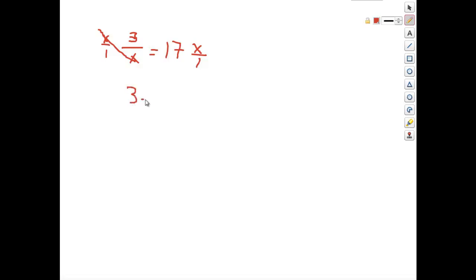So we end up with 3 equals 17x. Now we simply use the reciprocal of what we want to get rid of, which is the 17. We have to do the same thing to the other side. And we end up with 3 over 17 equals x.